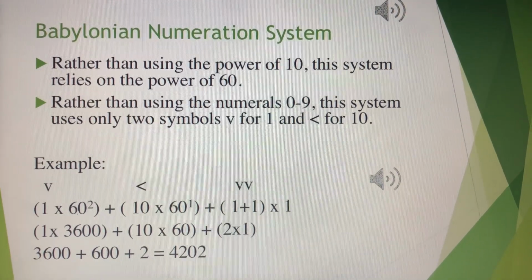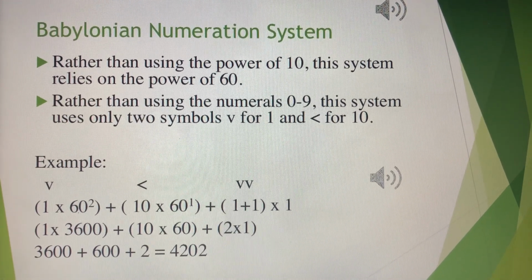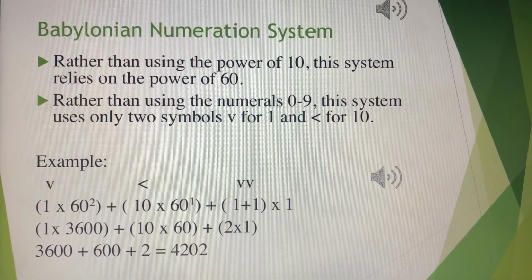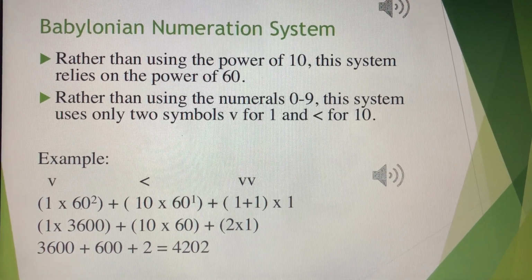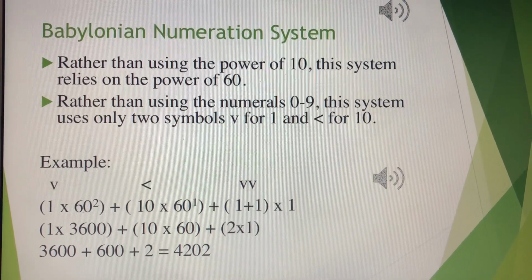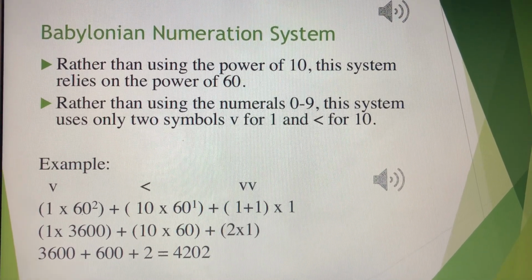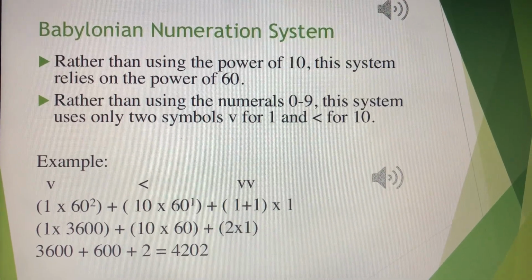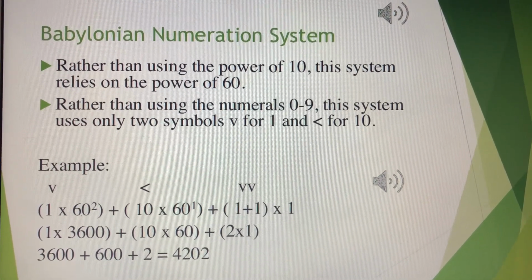So if you'll take a look at the example, we're given a down arrow, 1 pointing to the left, and 2 more down arrows. So we start with the one furthest to the left, and instead of it being 10 squared, like in ours, it's 60 squared.